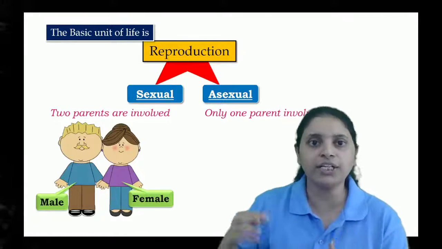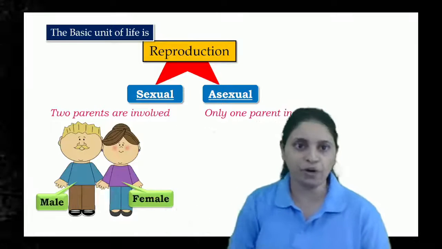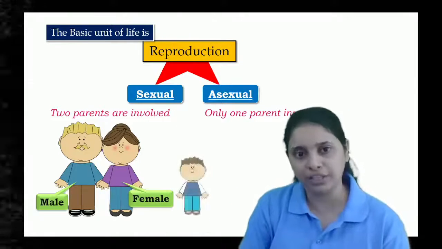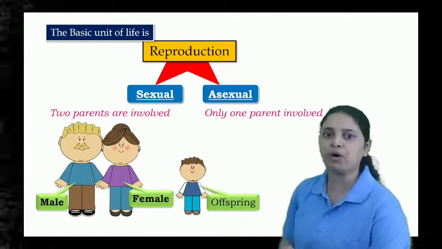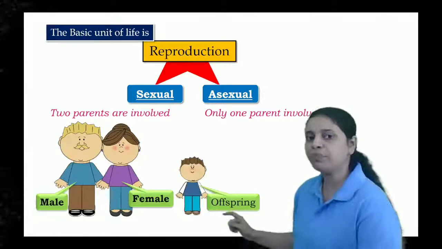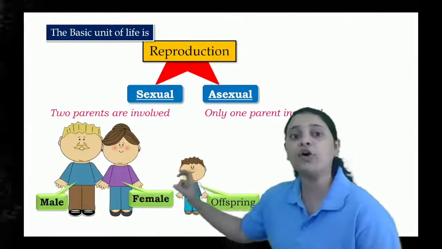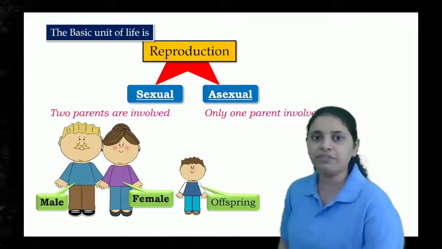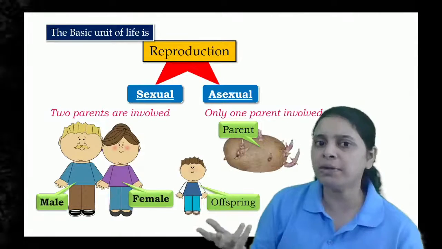It will differentiate to give rise to a new individual. So in sexual reproduction, two parents, male and female, are responsible for production of offspring. This offspring will have some characteristics of the male parent, some characteristics of the female parent, right everyone? Okay, and some characteristics will be new.